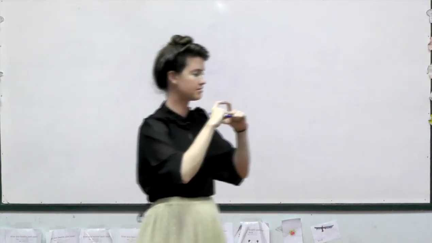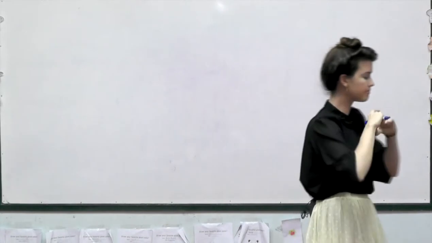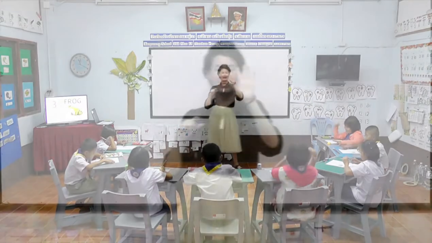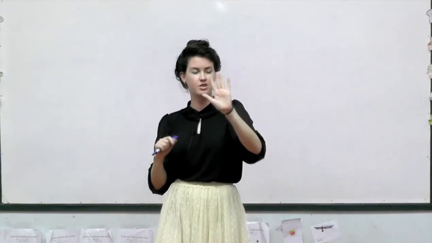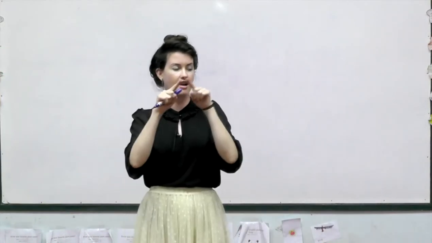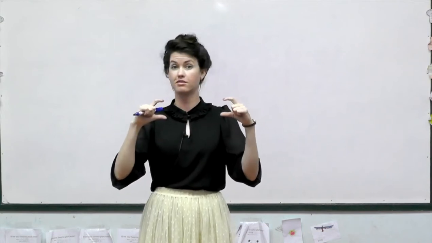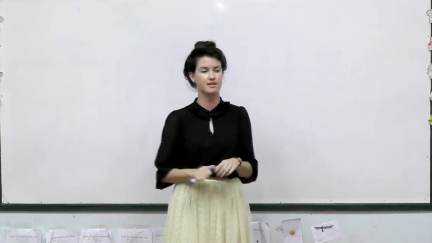Count them up. 1, 2, 3, 4, 5. 5 words. Do we have the same number of pictures as we do of words? No. So we're not going to use all of those words. Some of those words don't have anything to do with frogs. They're not talking about frogs at all.